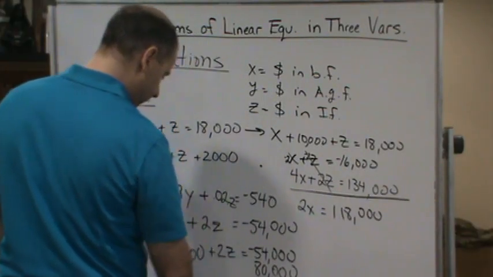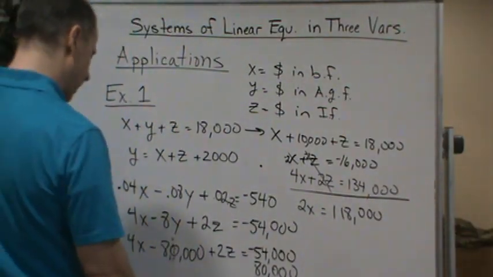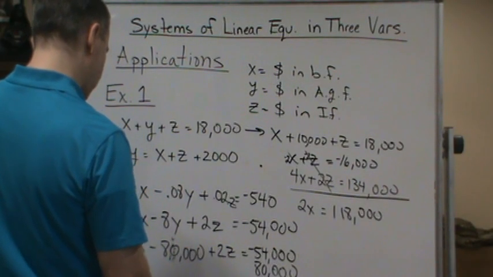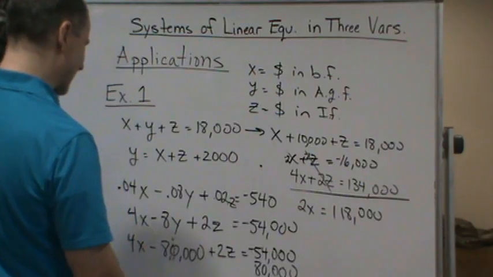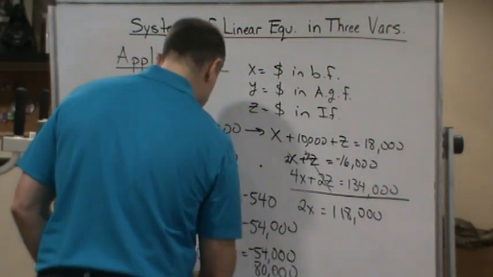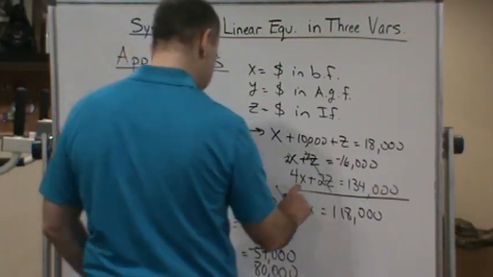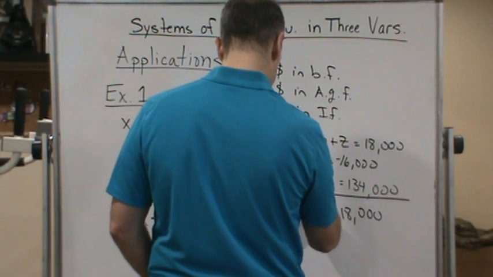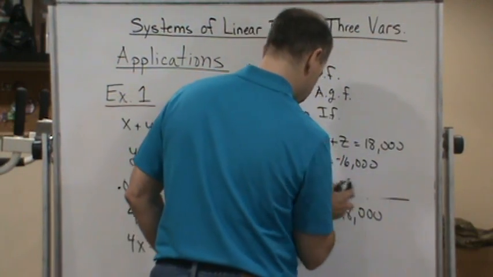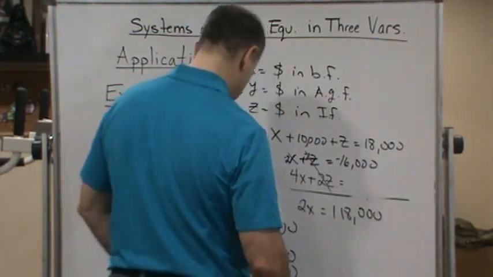So then 80 minus 54 would give 26,000, right? So, okay, there we go. So that would give 4x plus 2z is equal to 26,000.